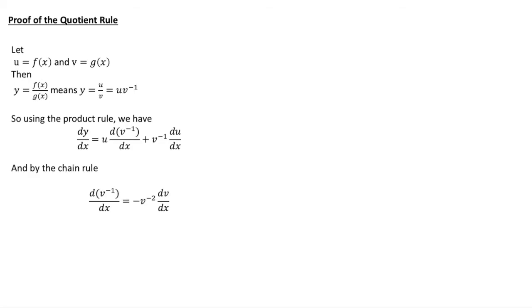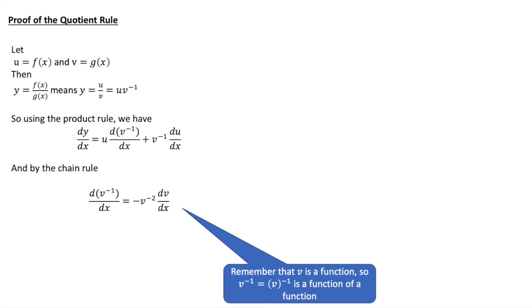The chain rule tells us that if we differentiate v to the minus 1, we get minus v to the minus 2 times dv by dx. And that might look a bit weird, but remember that v is a function, as we saw at the top. v is equal to g of x, and so that means that v to the power of minus 1 is a function of a function.